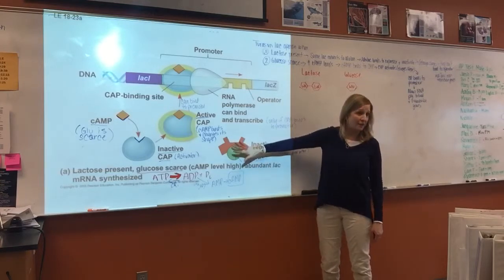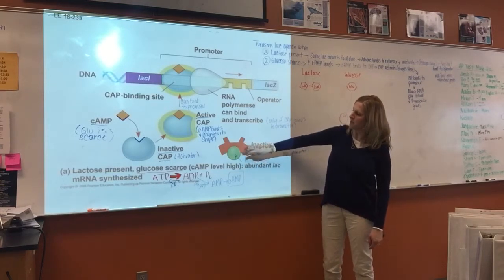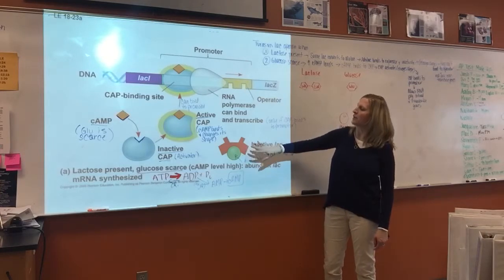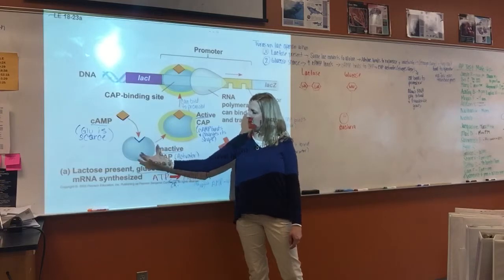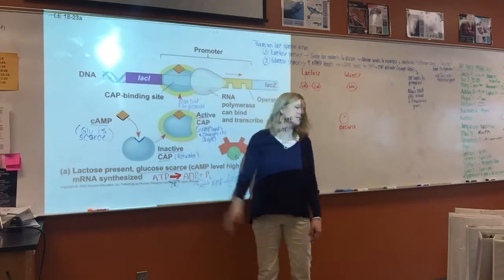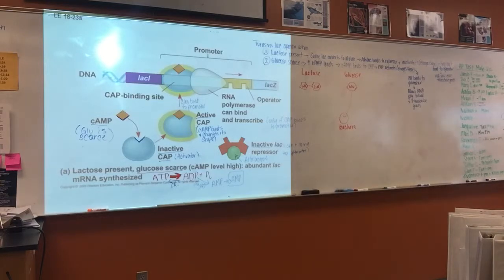That's part of negative regulation. The repressor is negative regulation, and the CAP protein, the activator, activates the genes, and that's called positive regulation. So in this case, you have to have the active activator and the inactive repressor to turn those genes on.